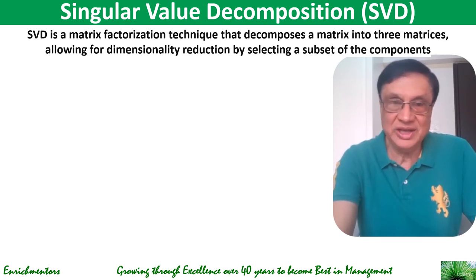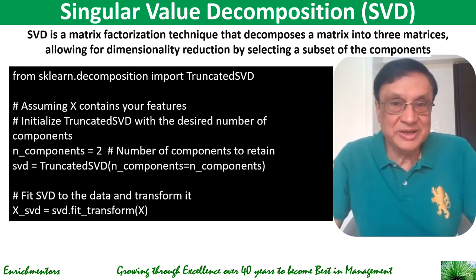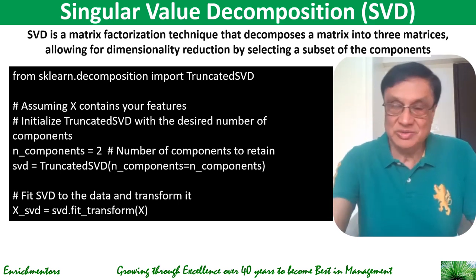How can you do that again? You need to rely on your programs. Here again, you can use sklearn by importing TruncatedSVD, assume X contains your features, and initialize TruncatedSVD with the desired number of components. In this example, it is 2, and you fit SVD to the data and transform it, and you have your answers here.